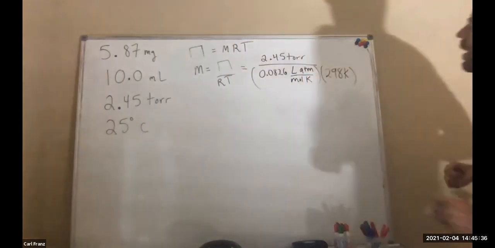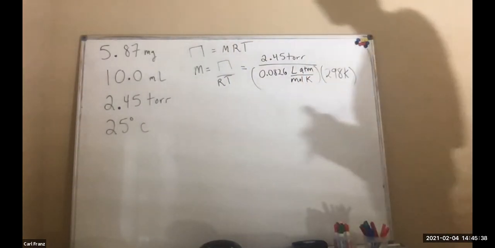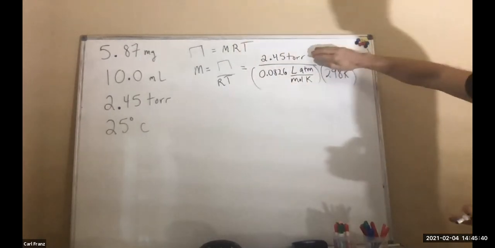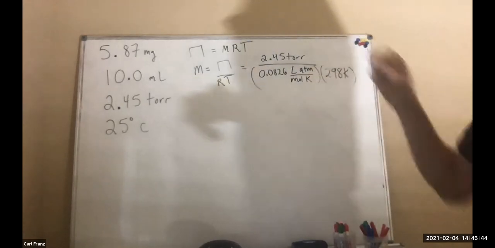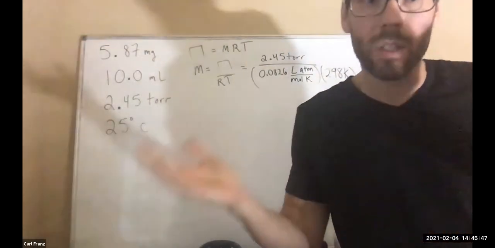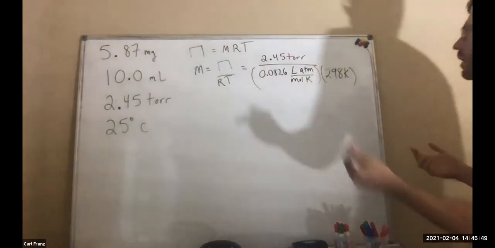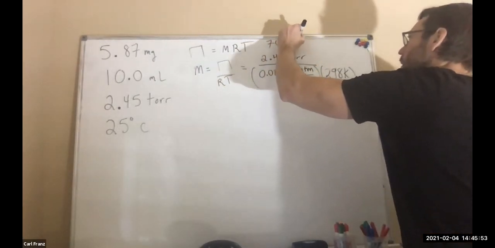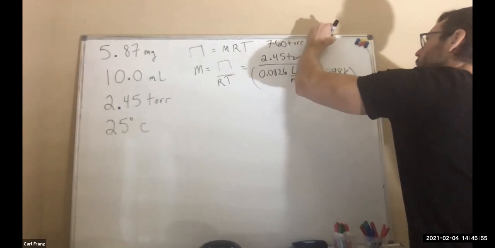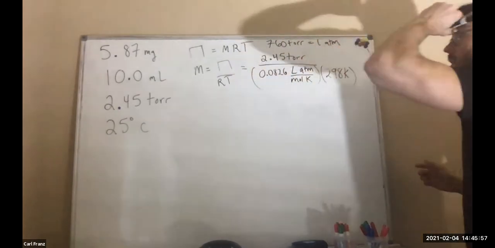Okay. Now, one thing doesn't jive here. That's that we're given torr, okay? But our gas law constant is in atmospheres. So we just have to use our conversion factor, right? We know that 760 torr is equal to 1 atmosphere, okay?